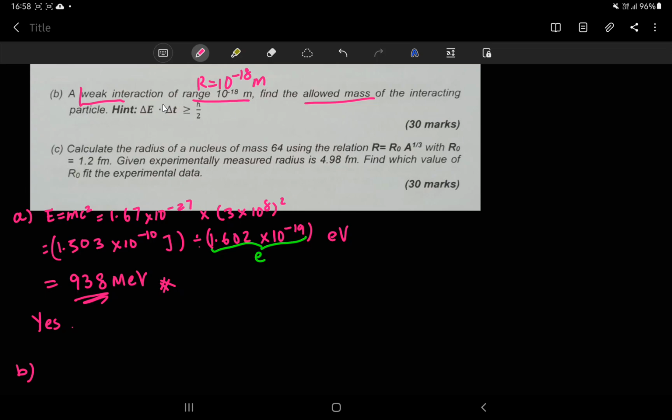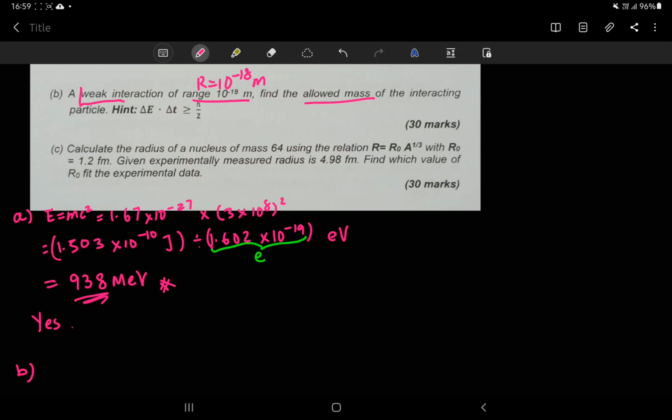This is a very weak interaction force, referring to, for example, the nuclear force. The nuclear force has a very limited interaction range. It is the strongest one, yet the range of the interaction is very small.